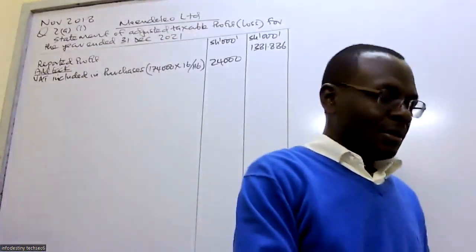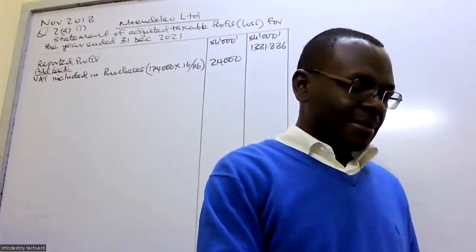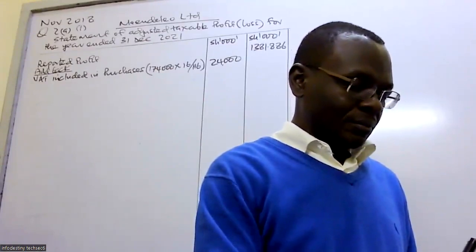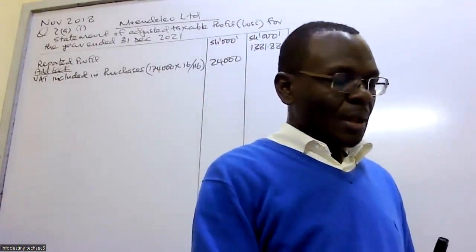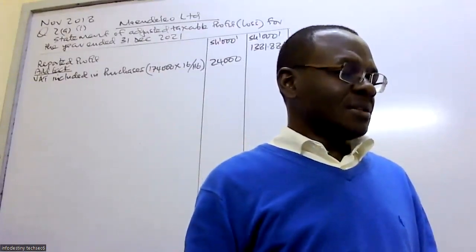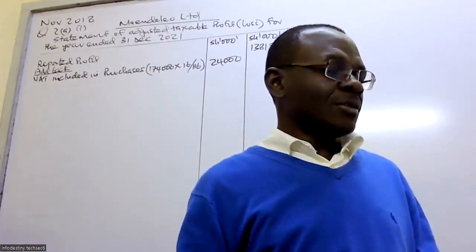So we will go down to expenses, our expense items. The first expenditure is called directors' emoluments and staff costs, and there's a note. Look at note number 4.